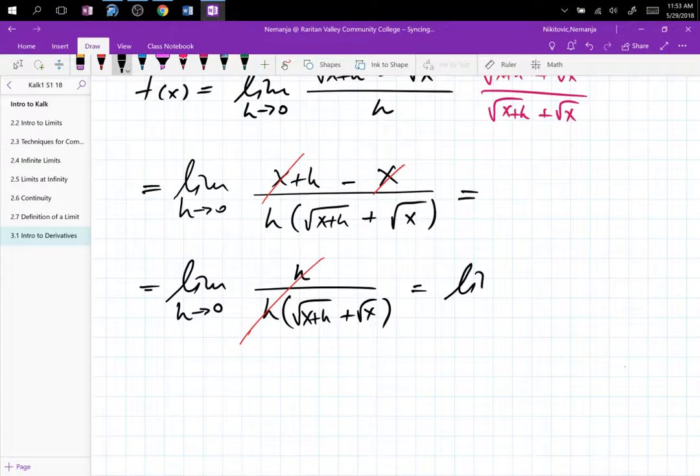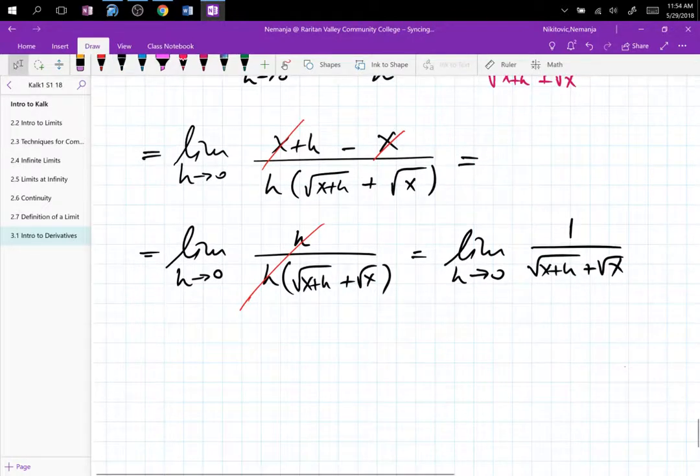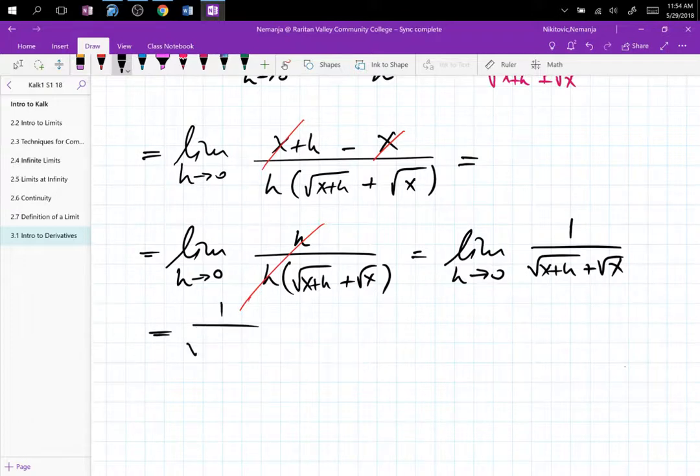All right, so now 1 over square root of x plus h plus root x. What do we have? As h goes to 0, you have 1 over root x plus root x. And how much is that?